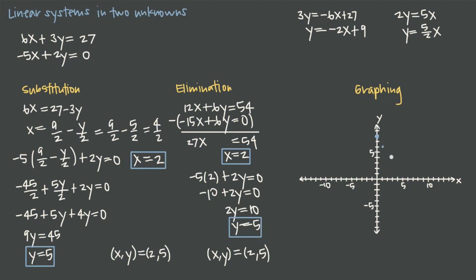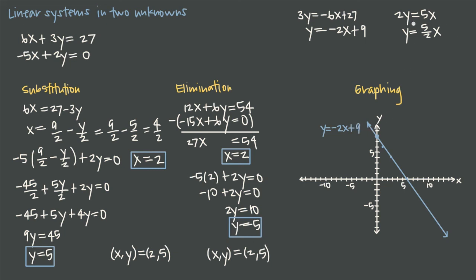If we've done this correctly, our graph should look something like this when we sketch it. This will be the graph of y equals negative 2x plus 9.